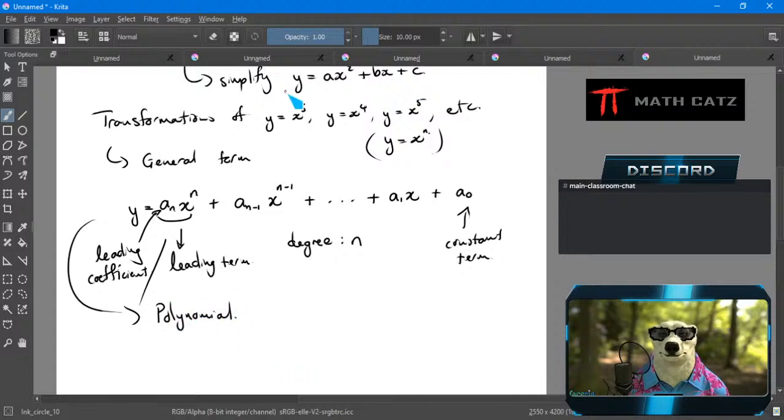But they're built on these basic functions, right? Transformations made more complicated, and we can get our polynomial. So this is, in a sense, the simplest family of functions, where I have combinations of powers of x.